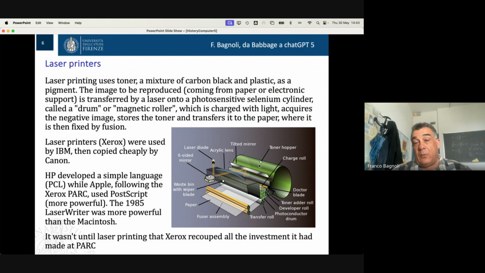It was based on a technology developed by Xerox, as usual, strictly connected with photocopiers, and from this technology Xerox was able to gain a lot of money. Clearly, it was also copied.